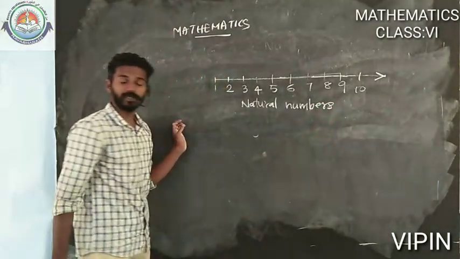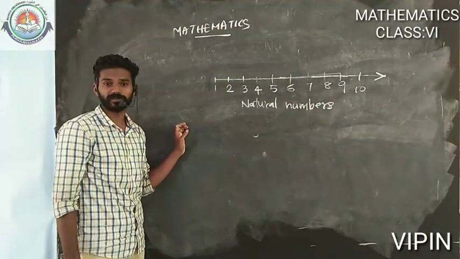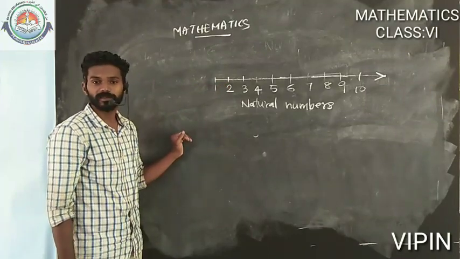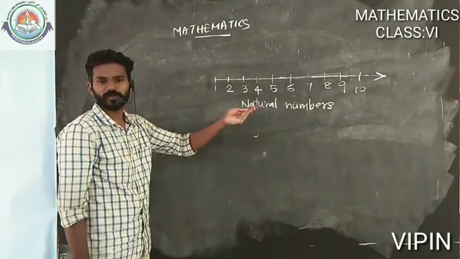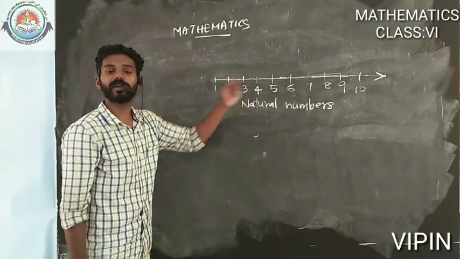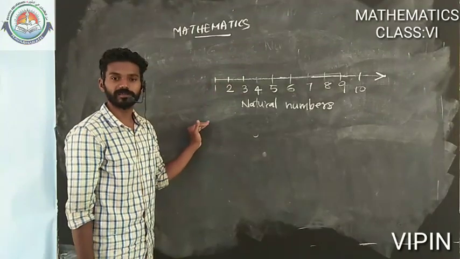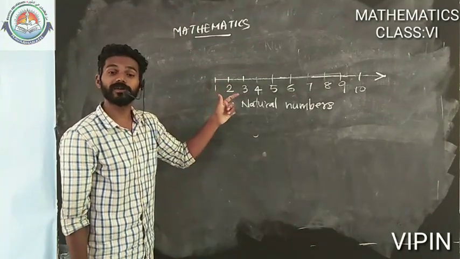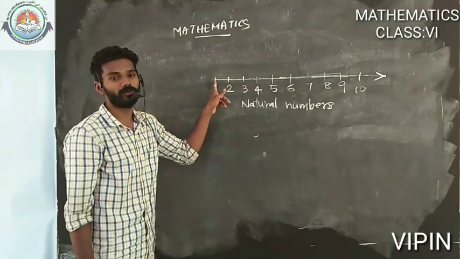And if we need to mark all numbers, we don't want to draw another one. Only a small change is to be done. You have to add one more number to this set. Which one is that? It is 0. And that 0 is less than 1.